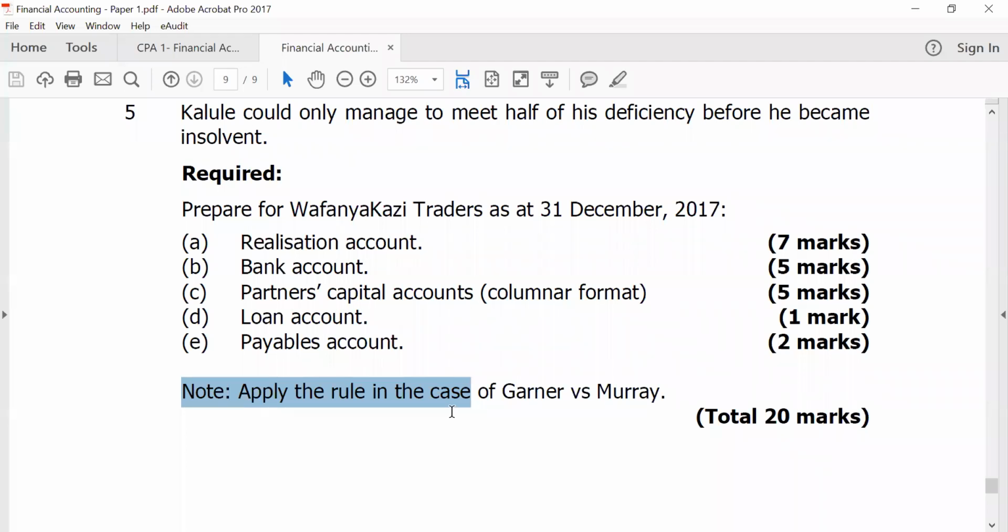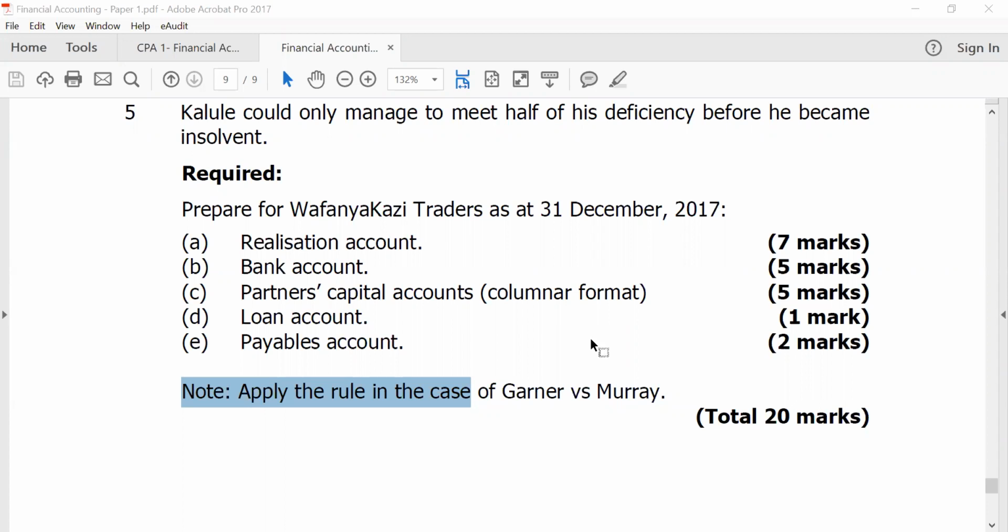So maybe just to quicken up this, Ghana versus Murray was a court ruling. It was a case, and the case provides guidance for a case where one of the partners is insolvent.